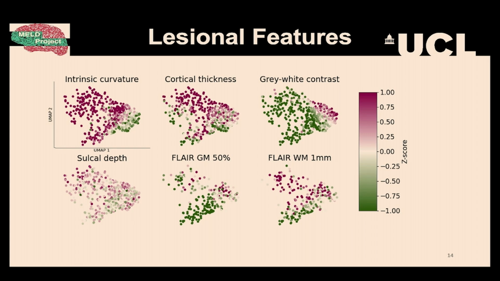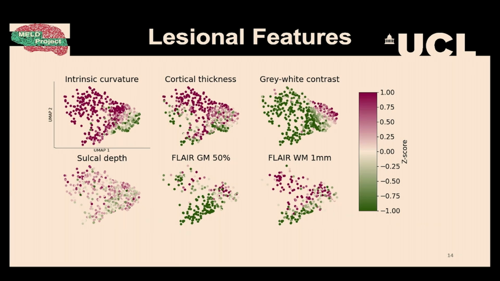We can have a look at those features within the lesions. So this is a UMAP where each dot is the average features for the lesion mask, and dots that are closer together have more similar features. So it's a dimensionality reduction technique. And here they've all been colored by the features. You can see this intrinsic curvature as a folding measure is pretty abnormal for all the patients. Cortical thickness tends to be a bit increased. Maybe there's a group at the bottom that are decreased.